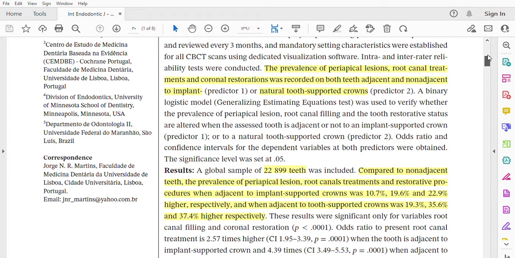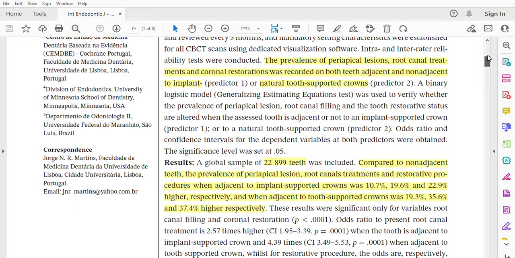As a result, the global sample of 22,899 teeth was included. Compared to non-adjacent teeth, the prevalence of periapical lesions, root canal treatments, and restorative procedures when adjacent to implant-supported crowns was 10.7%, 19.6%, and 22.9% higher respectively, and when adjacent to tooth-supported crowns was 19.3%, 35.6%, and 37.4% higher respectively.